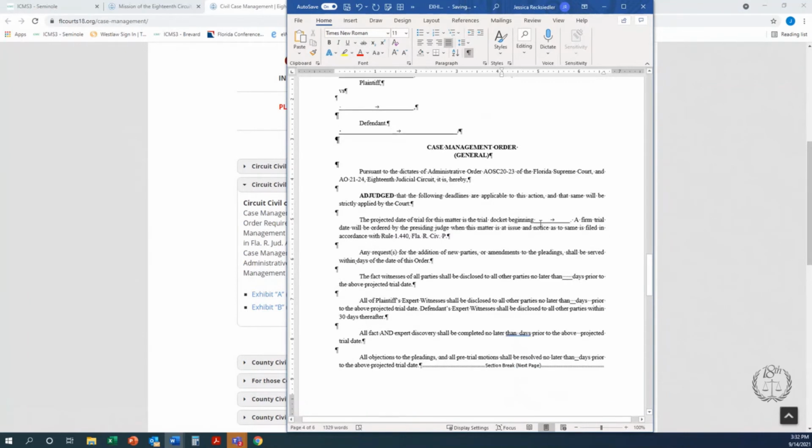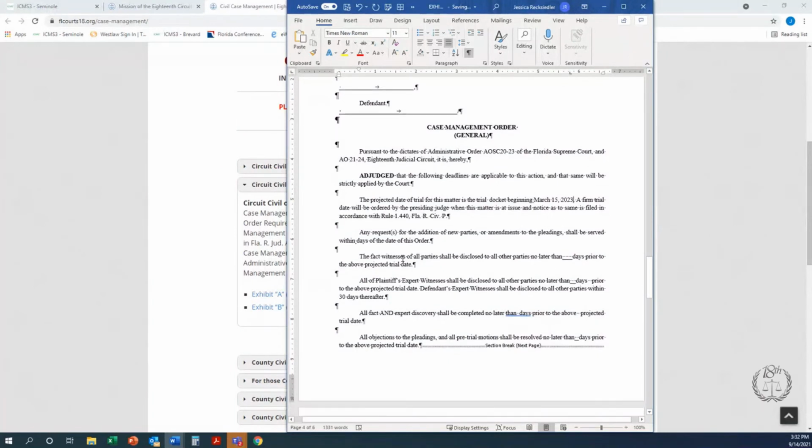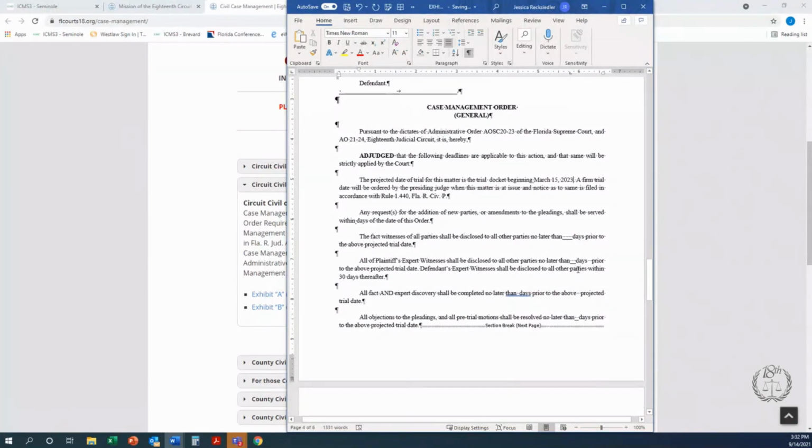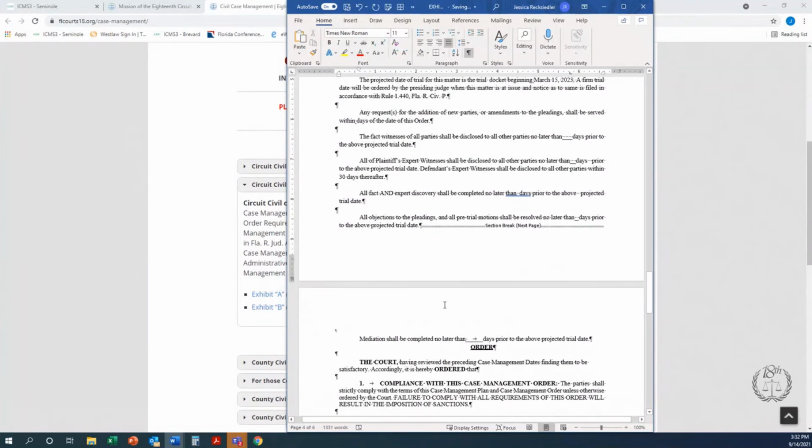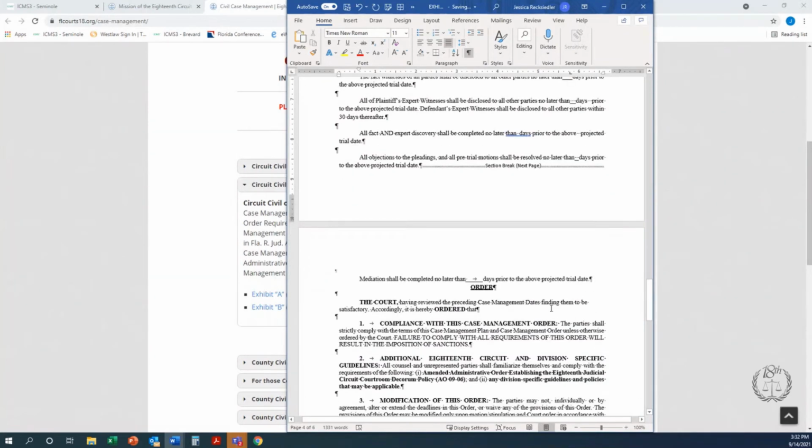The case management order then would put your trial date that you had previously indicated of March 15th, 2023. And then whatever dates that you had decided otherwise on the disclosures for the witnesses, the experts, and objections and so on should be placed within those blanks of all of the remaining portions of that order.